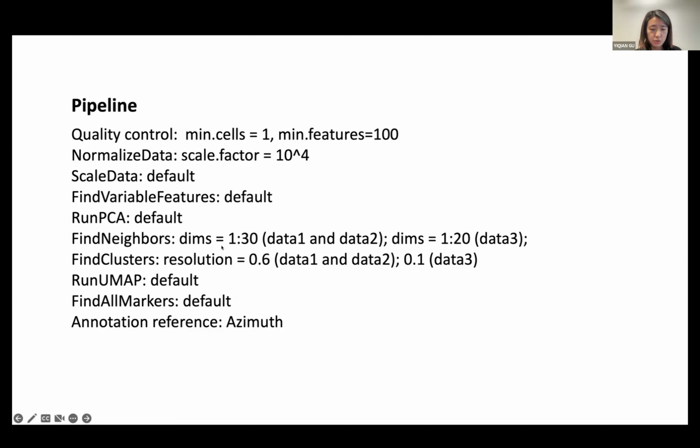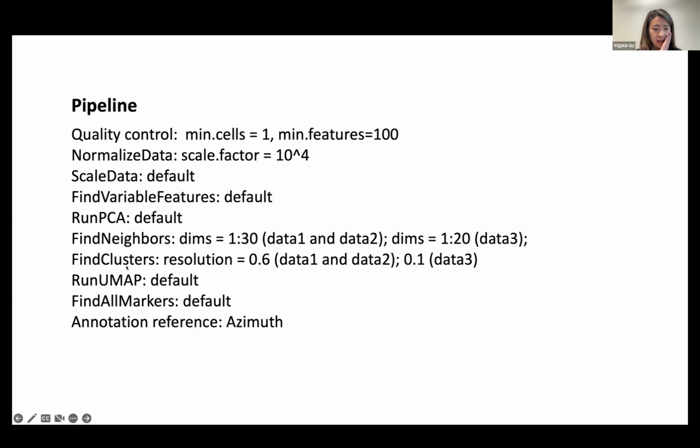For find neighbors, I use the first 30 PCs for data 1 and data 2, and the first 20 PCs for data 3, because for data 3 there are only a few cell types, so the features are more similar compared to the first 2 data sets.